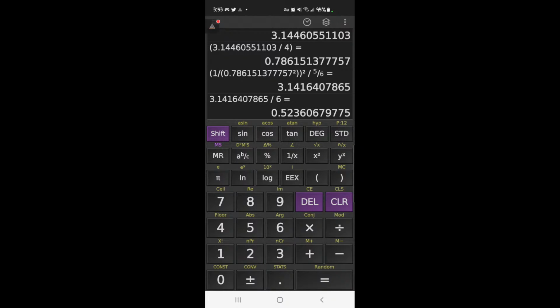And when you do the square root of that so-called qubit, it's exactly the same, minus maybe 0.2.